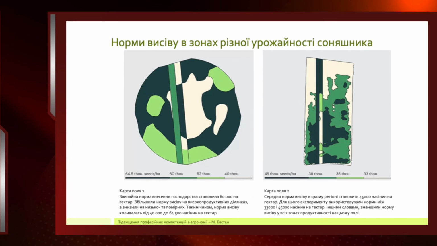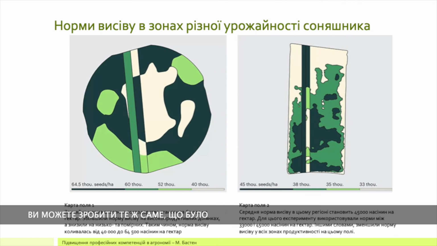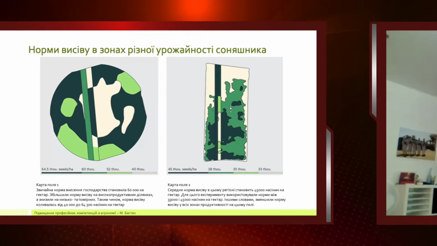And you can do the same as has been shown from the US trials, yield response curve towards the different seed rates in the different productivity zones. The same on the dry land. And as a result of the sunflower trial, the conclusion is shown here in this table.